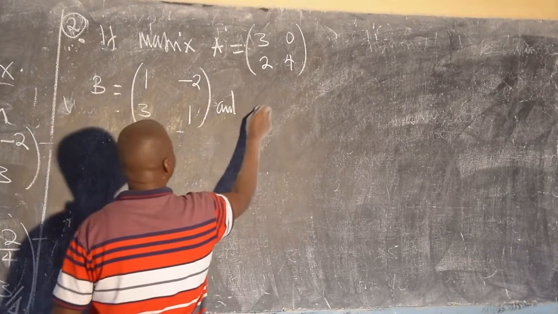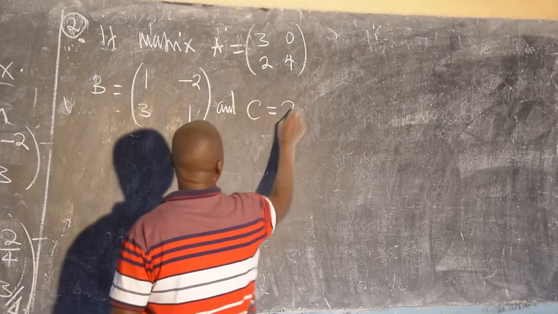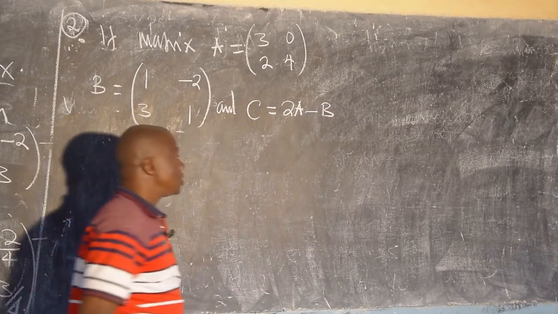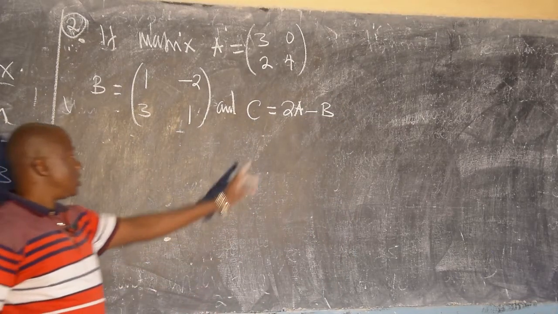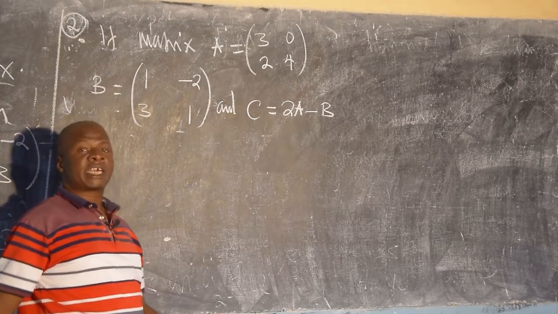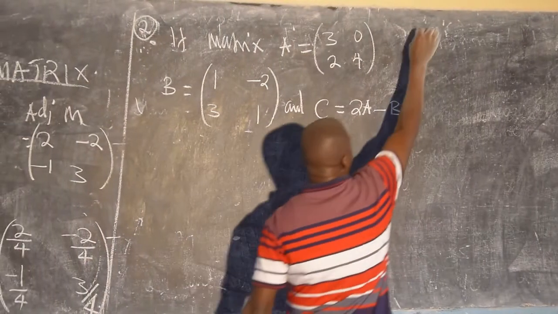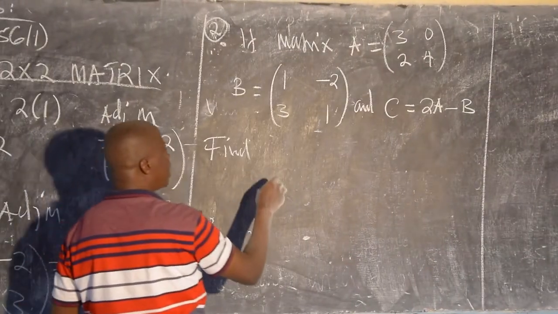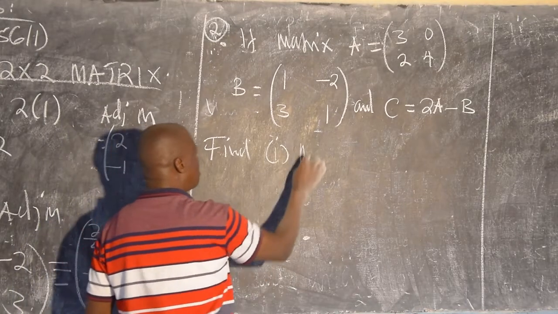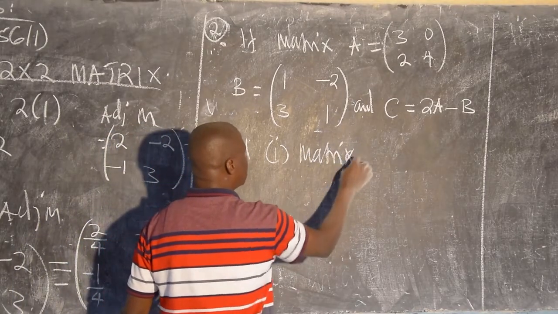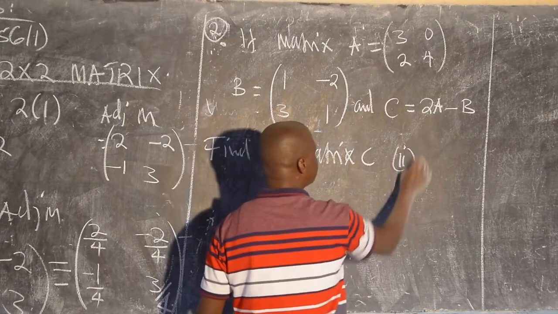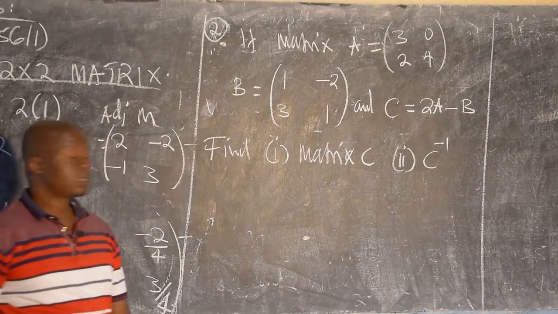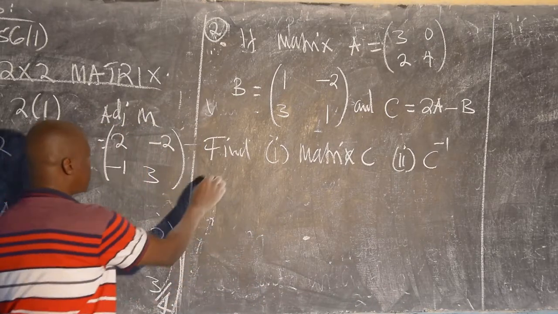And C equal to 2 times A minus P. We said that this 2 is a scalar multiple. Find Roman number 1, matrix C. Roman number 2, C inverse. Let us say solution.